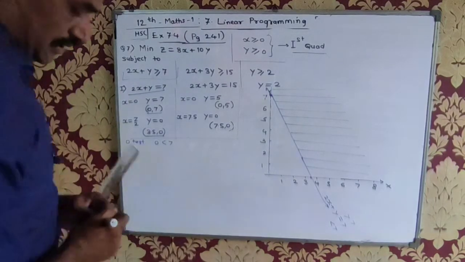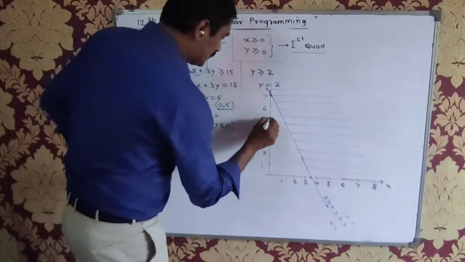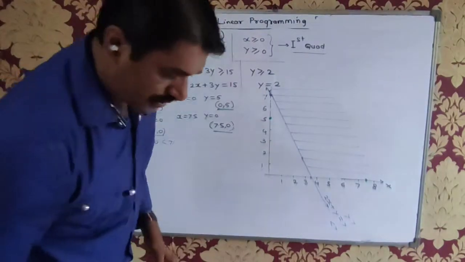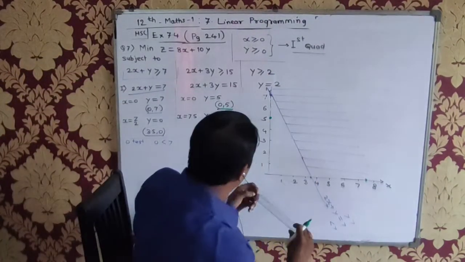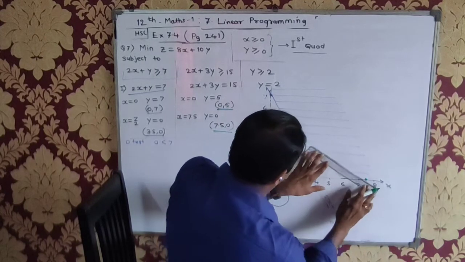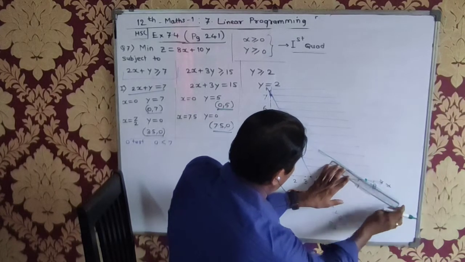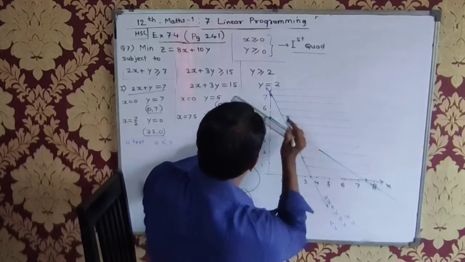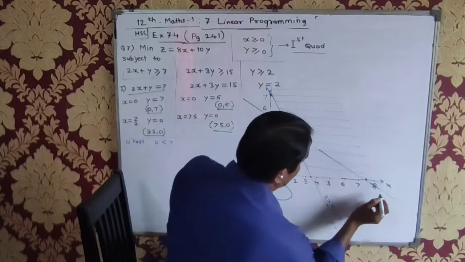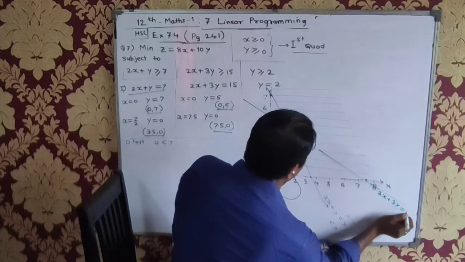Okay. अगला लाइन मार्क करते हैं (0, 5) and (7.5, 0). It's here. ठीक है. तो आएगा इस प्रकार. 2x plus 3y is equal to 15.